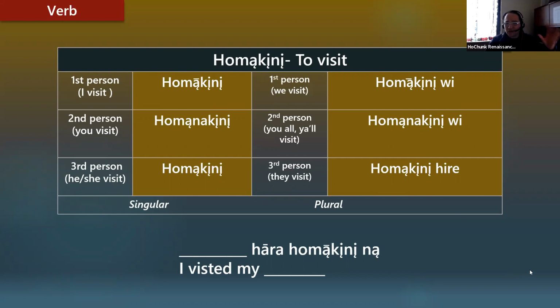And all those exact same statements, you can turn them into questions. You just take off the na all the way through, and then you add the question mark. I guess you could say, did I visit my nephew? Did we visit my mother? And the main one you can say, did you visit my, I think we said for this one, grandfather.